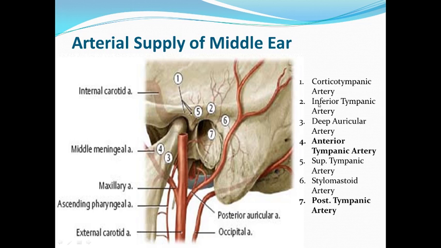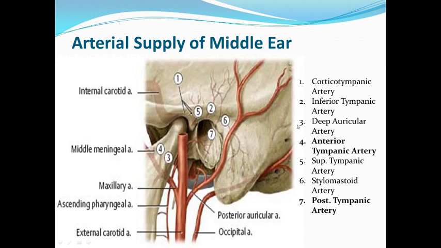The main arteries supplying arterial blood to the middle ear are the anterior tympanic artery, a branch of the maxillary artery, and the posterior tympanic artery, which is a branch of the stylomastoid artery, and this stylomastoid artery is a branch of the posterior auricular artery. So the maxillary artery and posterior auricular artery give branches, the anterior tympanic artery and the posterior tympanic artery, which are the main arterial supply of the middle ear.